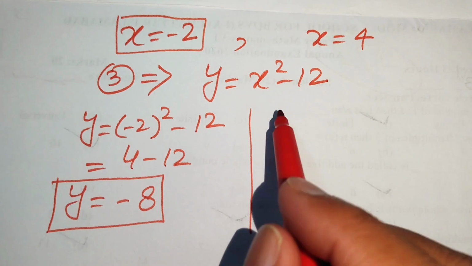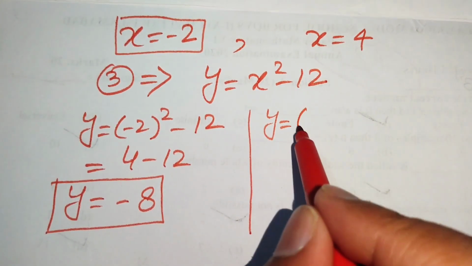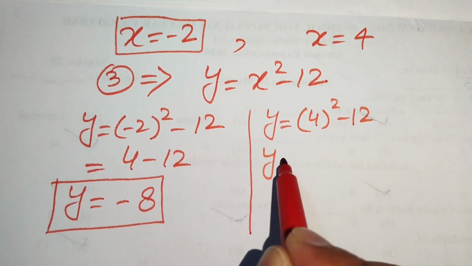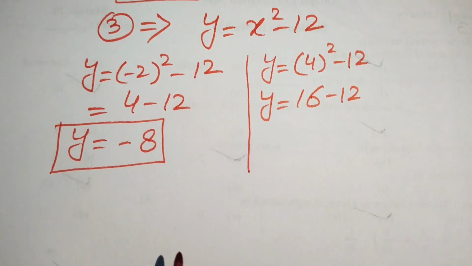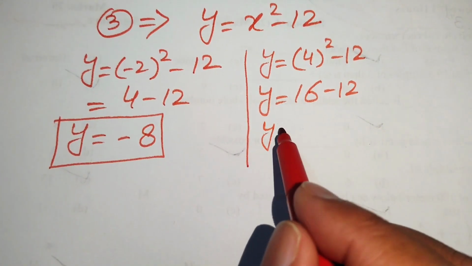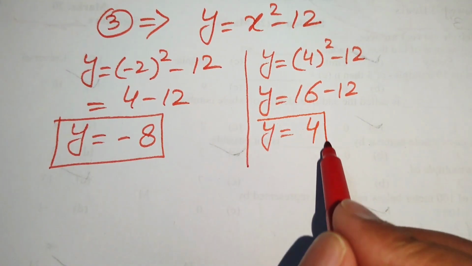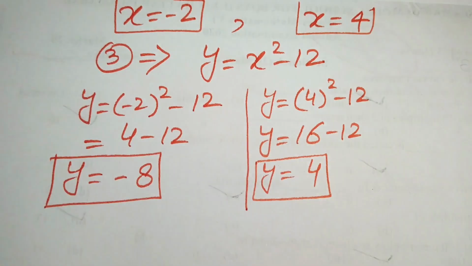And now we substitute the other value of x here. It is written as y equals x square minus 12, so x is 4, 4 square minus 12, and we have 16 minus 12. So 16 minus 12 is equal to 4. Okay, so this is the value of y corresponding to x equals 4.